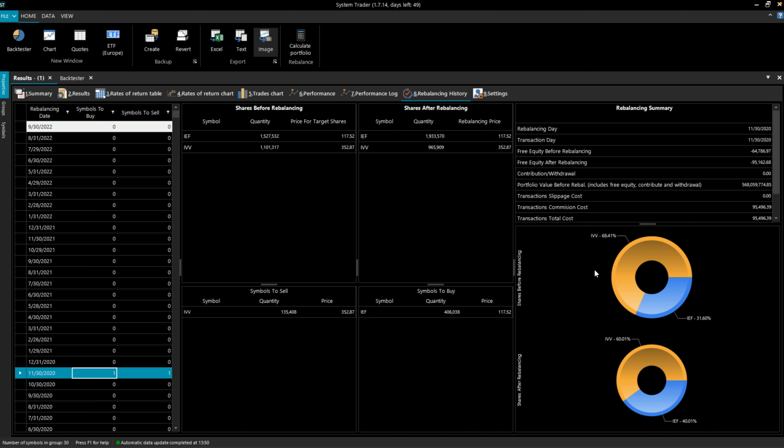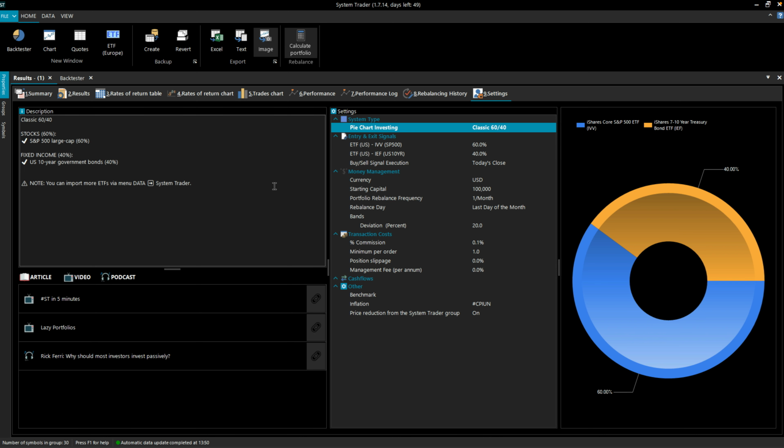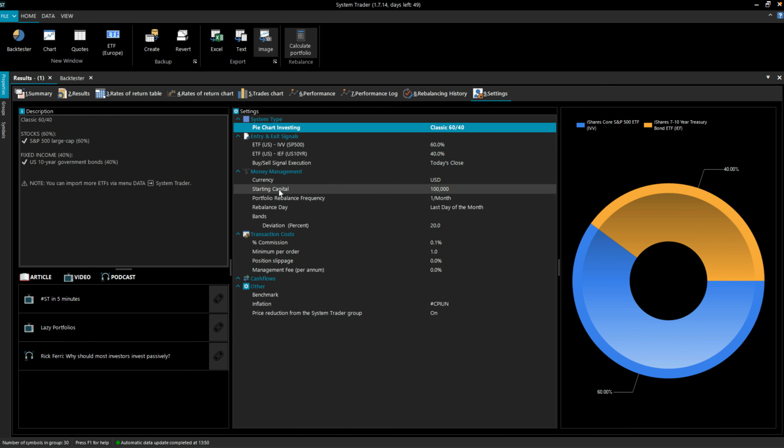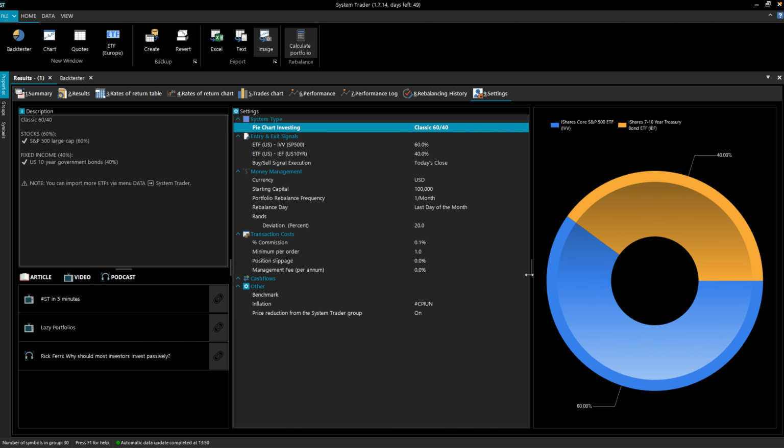And after rebalancing, again we had 60-40% in our portfolio. And then settings. This is just the final report of the settings which were used when we were calculating these results, just to make sure on which settings or parameters the simulation was performed in the application.